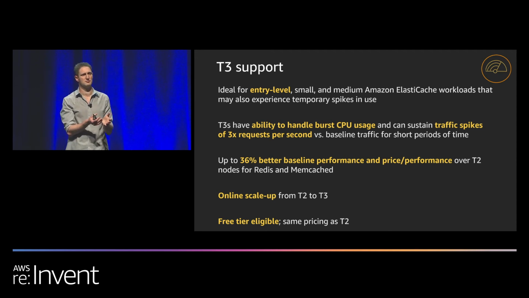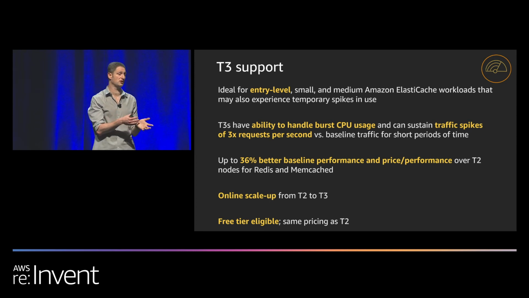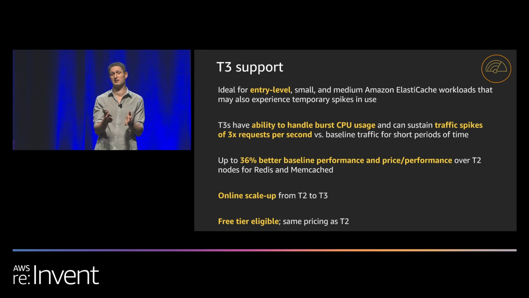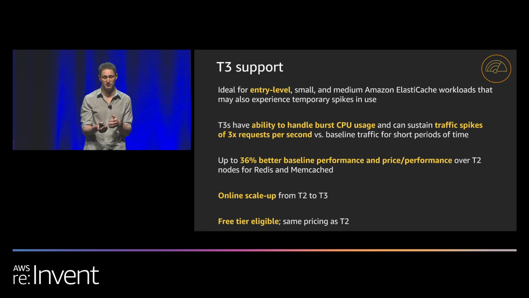Overall, we also saw better baseline performance compared to the T2s. We did this both for Memcached and for Redis and different workloads. So it varies, but we overall saw better performance than with the T2s. And then two more cool things. One, we price it at the same price as T2s. So you automatically get better price performance just by scaling up to T3s.